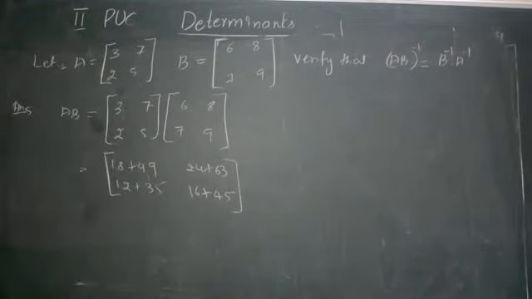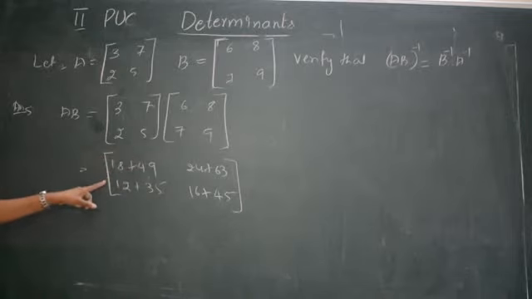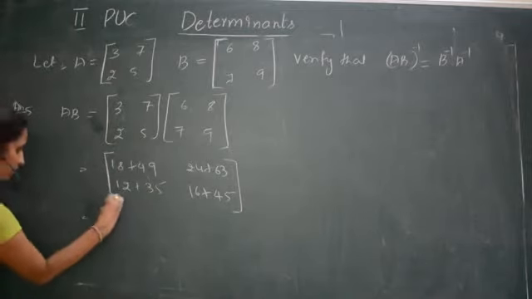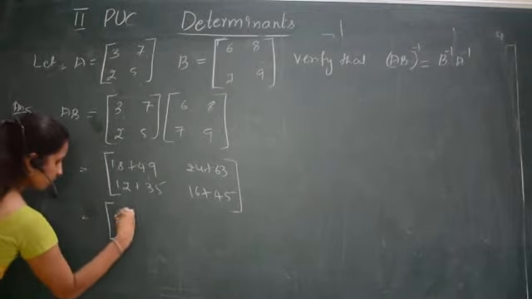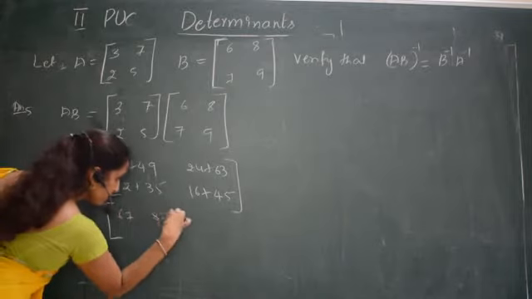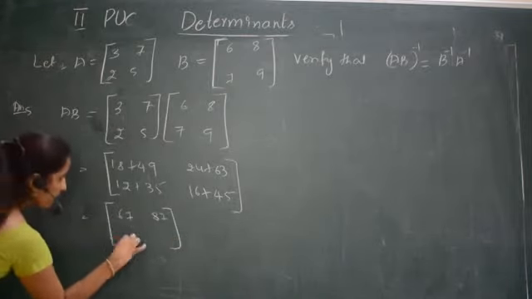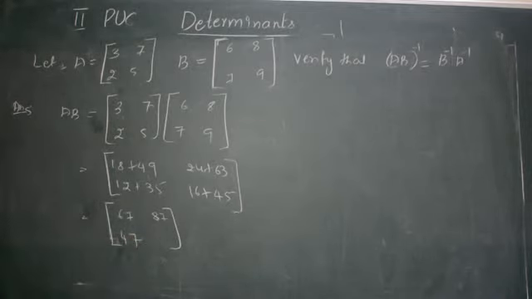So this will be 18 plus 49 is 67, and 24 plus 63 is 87. Then 12 plus 35 is 47, and 16 plus 45 is 61.